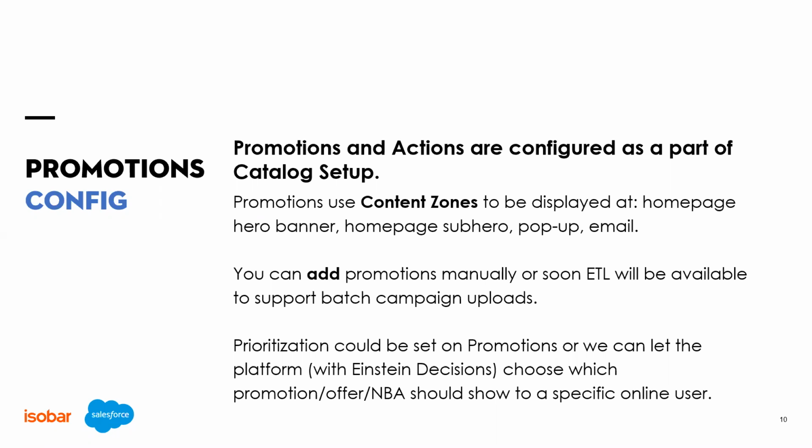This is under the Einstein Decisions feature, and it's not a black box feature, it's a white box, because you navigate and train the system on which customer attributes, customer actions or dimensions of products should be considered in making this prioritization, which will be handled by the platform with the machine learning feature. So this is delivered by Einstein Decisions.